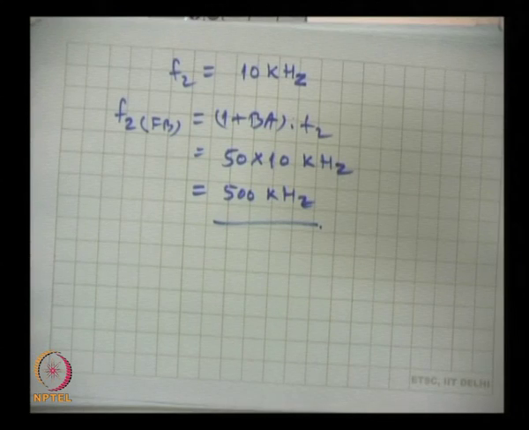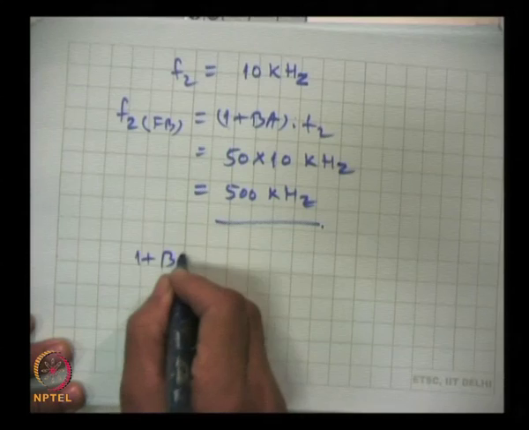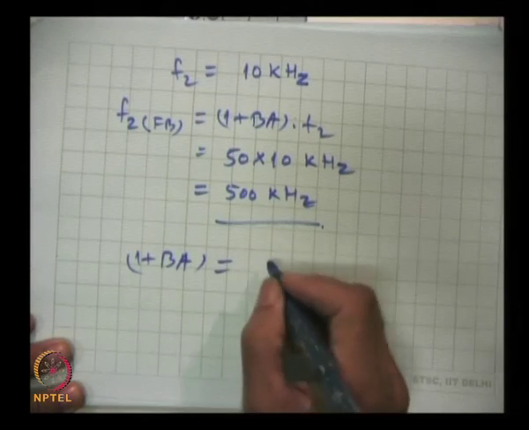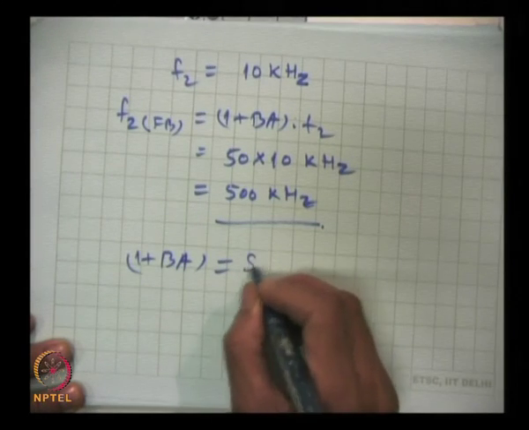So, these are various advantages of negative feedback which we talked about, and the only thing which we sacrifice is the gain, and sometimes 1 plus BA is called the sacrifice factor.